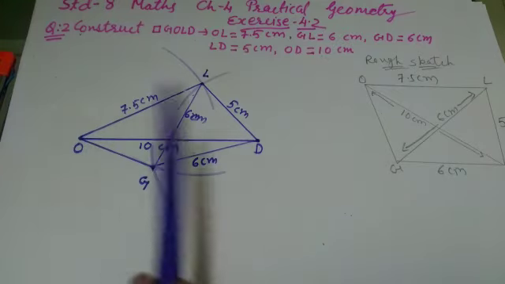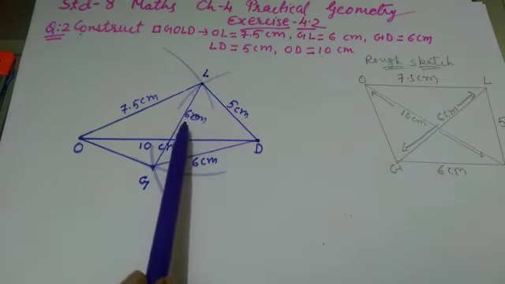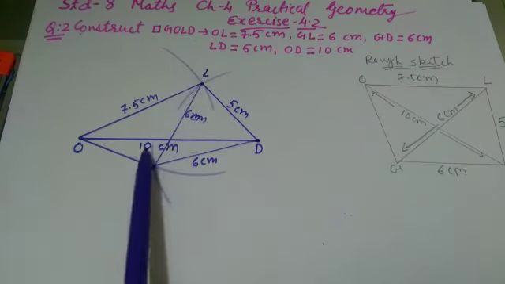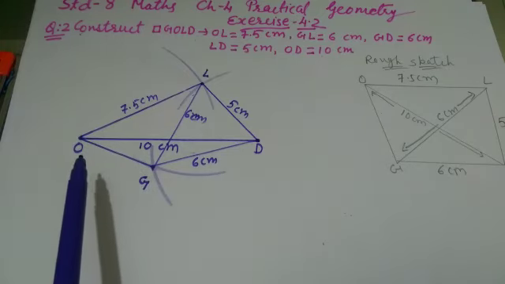Step 5, taking L as a center with radius 6 centimeter, draw an arc downward of line segment OD.